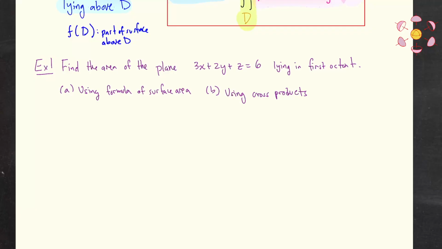The part B suggests we can use cross products. However, I want us to basically check our answers in 2 different ways. So again, let's find the area of the plane. So here is our plane here, lying in the first octant, so that's important here. Remember, first octant just means that x, y, and z are all greater than or equal to 0.